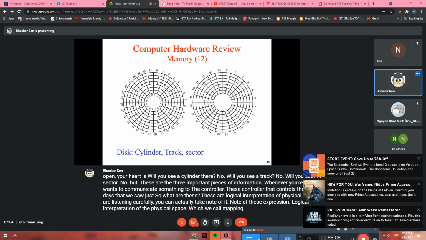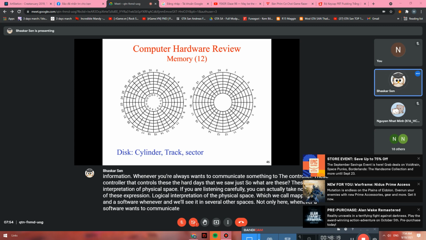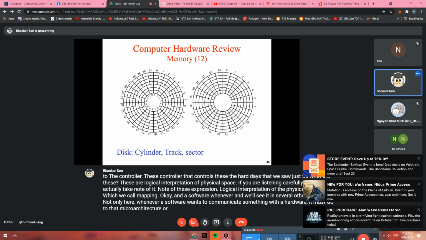And whenever software wants to communicate something with hardware, and we'll see it in several other places, it must go through that microarchitecture, that mapping, or logical interpretation of the physical space.